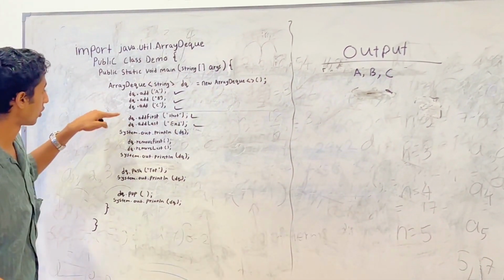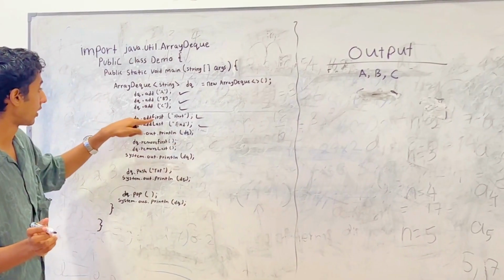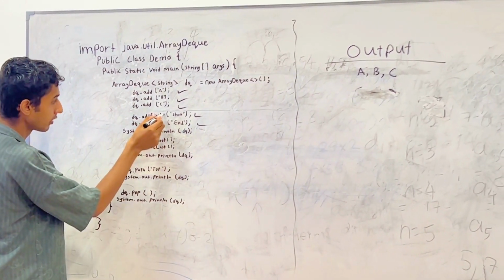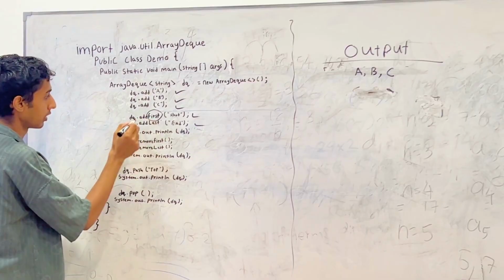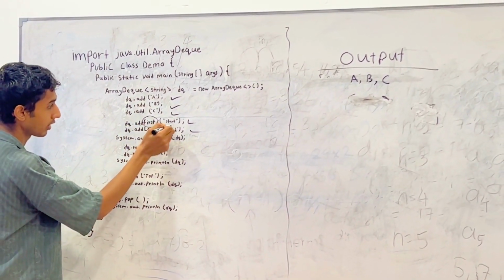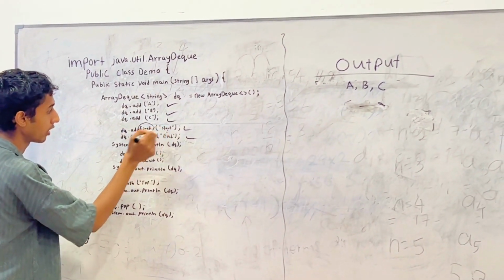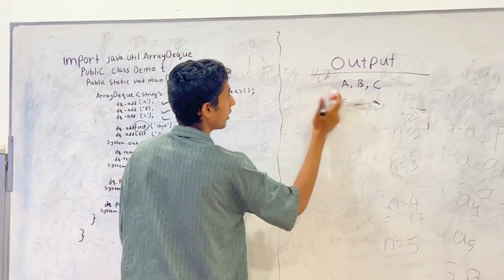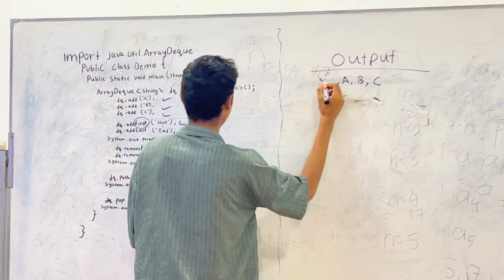And when we go to dq.addFirst, the name says addFirst, so we have to dq.addFirst start. This start element we have to add to the first. So we have to do it like this.